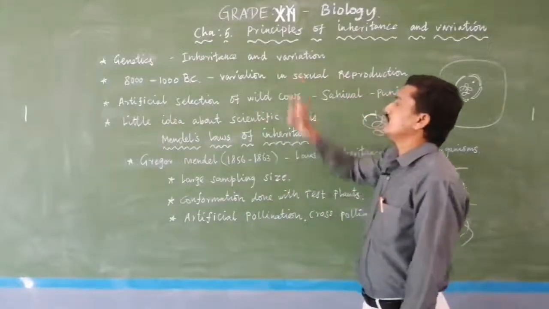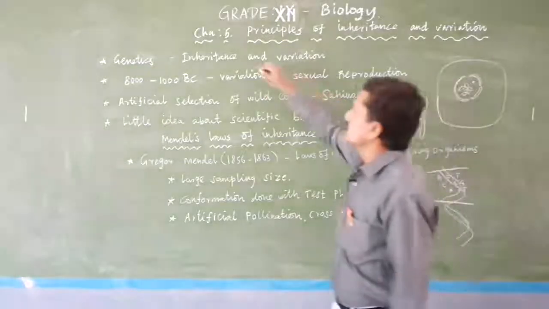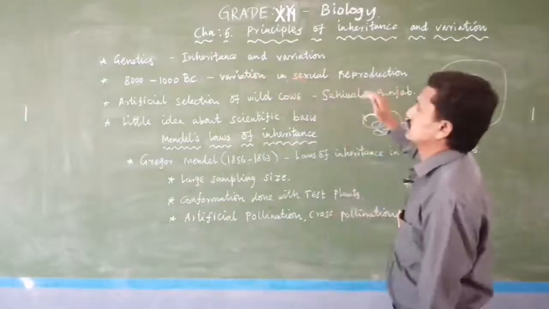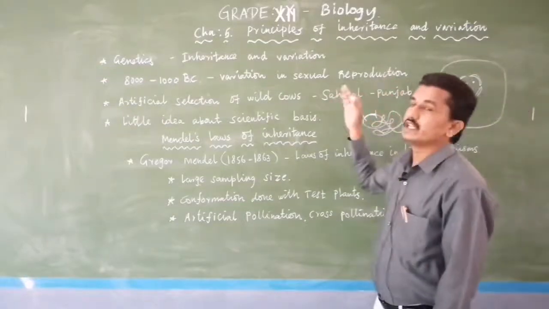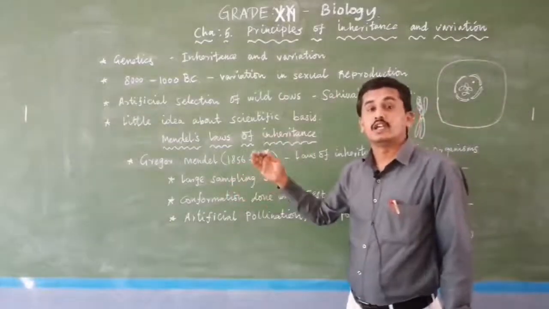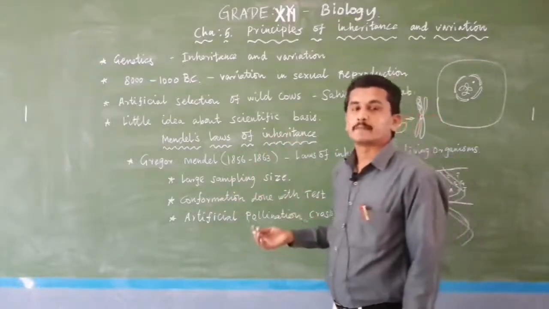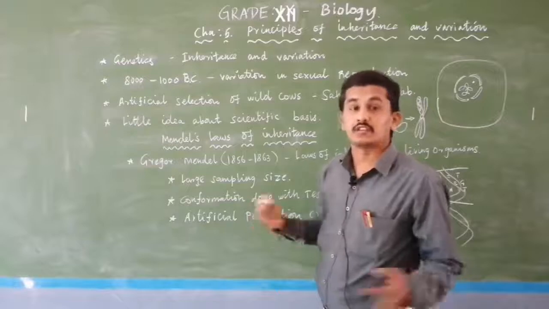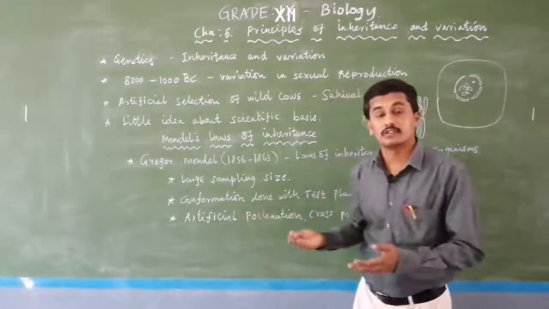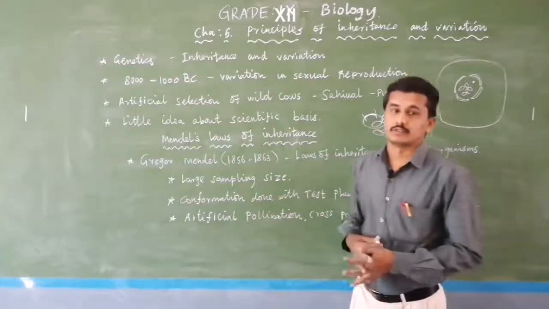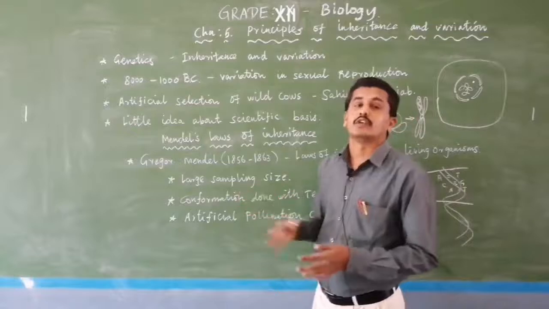And what is meant by variation? Variation occurs in sexual reproduction. Normally, variation means small changes from parents to the offsprings. Normally, children, offsprings, are not exactly similar to the parents. There are some differences between parents and offsprings. The differences in the offsprings are known as variation.